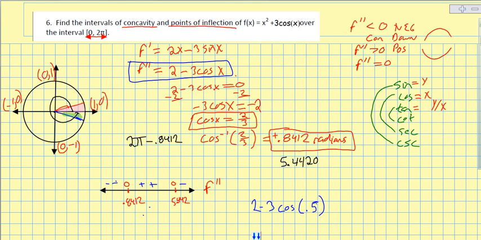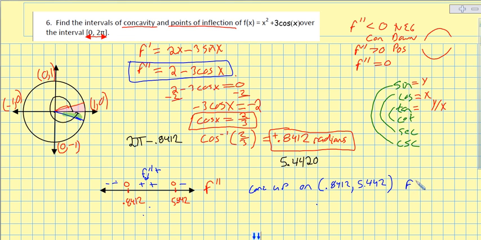So what do we say about this? How do we write this final answer up? It's asking us about the intervals of concavity, so we can say that it's concave up on the open interval of 0.8412 to 5.442, because the second derivative is positive right here.